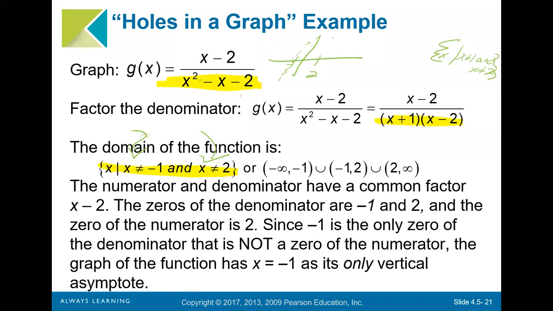At +2, it's not going to cross there. So I know on this side, I get negative infinity to -1. Here in between, it's going to union -1 to 2, union 2 to infinity. So we've got stuff going on on all sides of the vertical asymptotes.